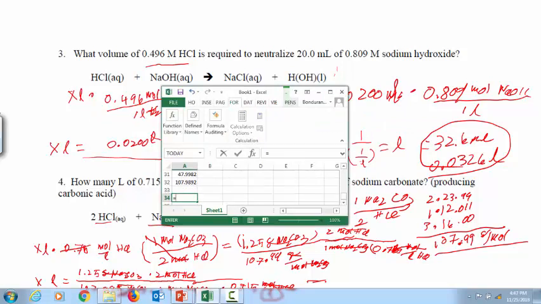Equals 1.25 times 2 over open parentheses 107.99 times 0.715.